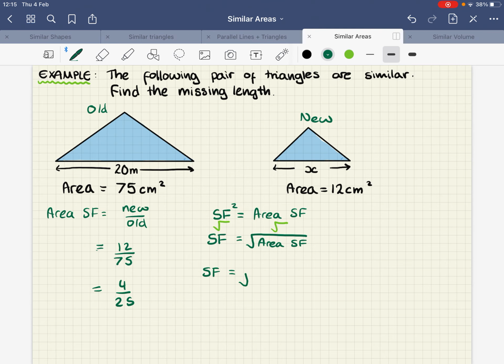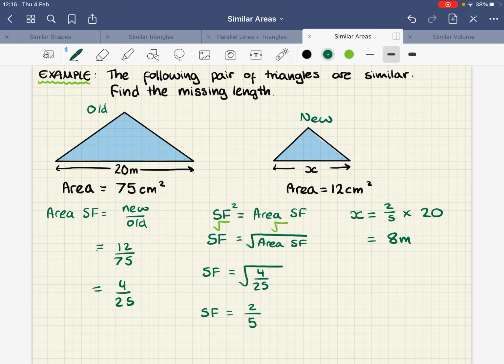So I'm doing the square root of 4 over 25, and that would just be 2 over 5. And now I have that scale factor, now I can find out x. So x is going to equal that 2 over 5 times by its corresponding side, which is 20. And so that would come out to 8, and that'd be 8 meters.